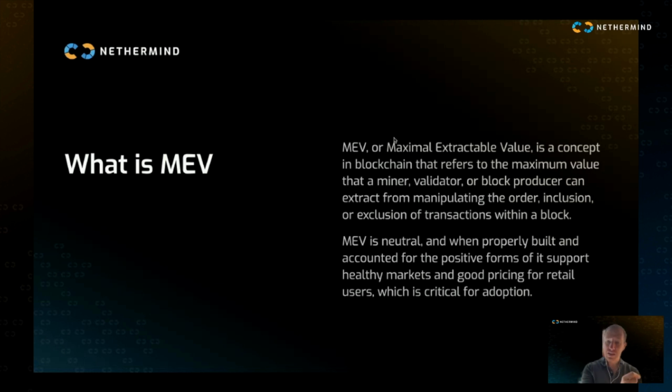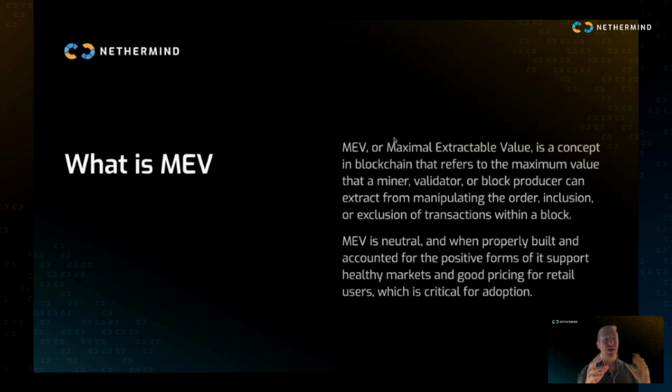MEV can be positive, MEV can be negative, and that's why this is an MEV infrastructure bounty. We want to help dApps and the larger ecosystem make MEV a neutral or positive force, because when MEV is properly accounted for, properly built, it becomes a revenue stream for apps and for the larger ecosystem, and ultimately helps make markets more healthy.